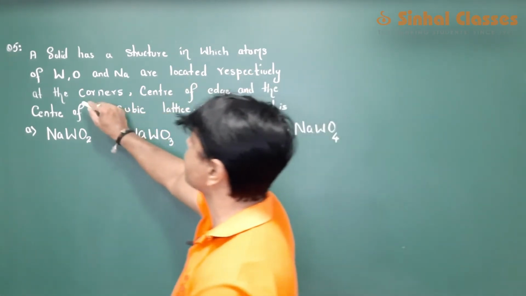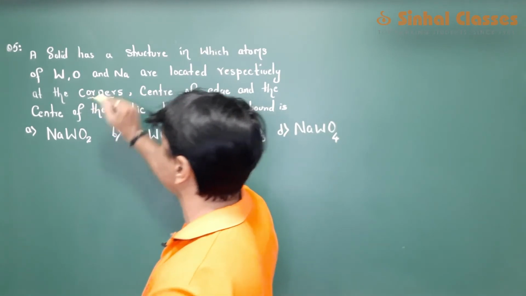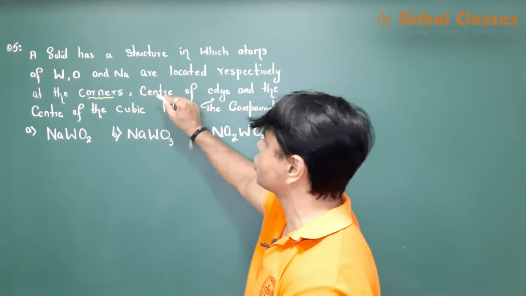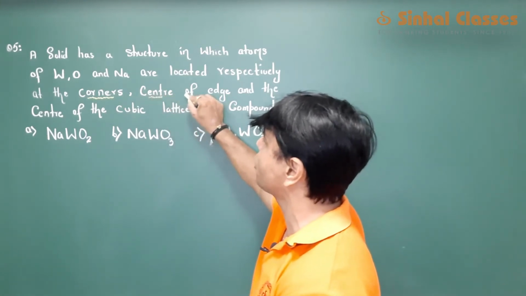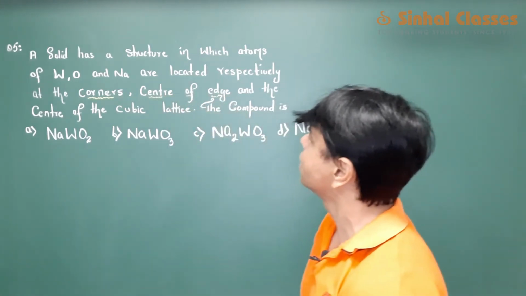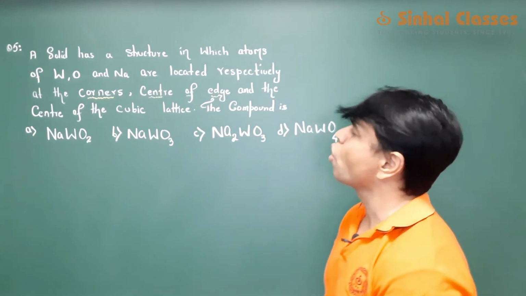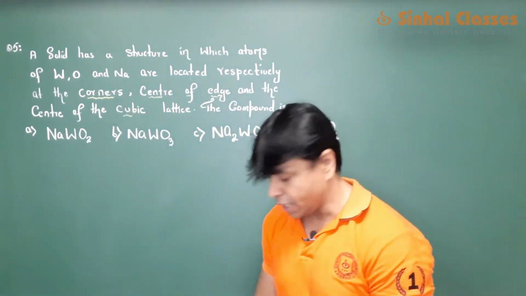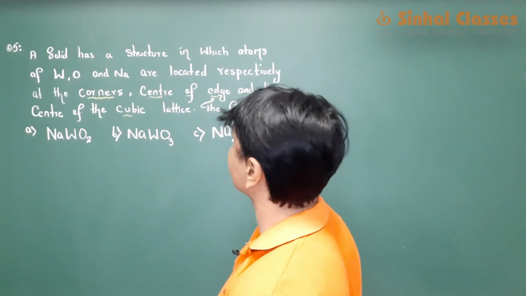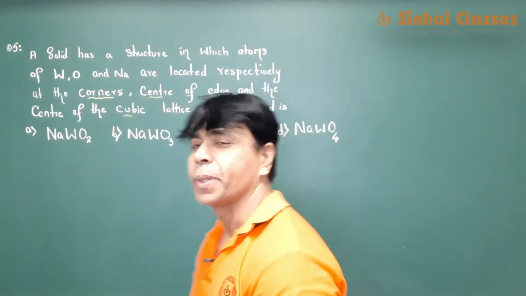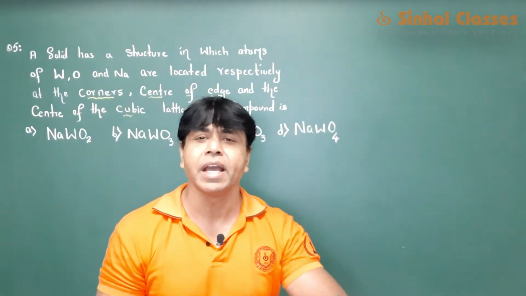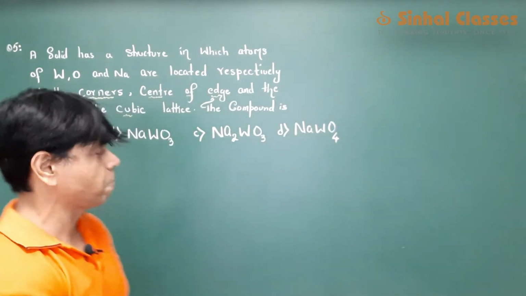That means tungsten is at the corner, center of the edges, so oxygen is at the center of edges and sodium is in the center of the cube. Oh, very interesting question. The compound is. Now we had done this type of question previously. Let's see how to solve now this question.